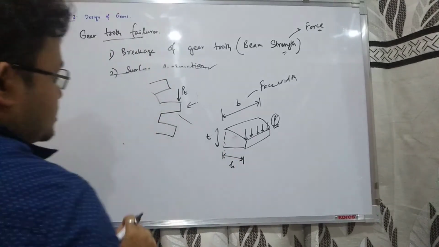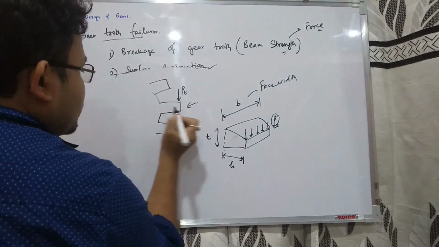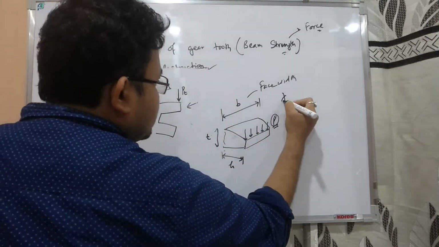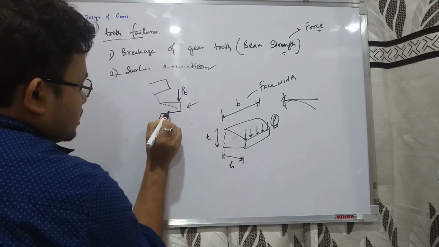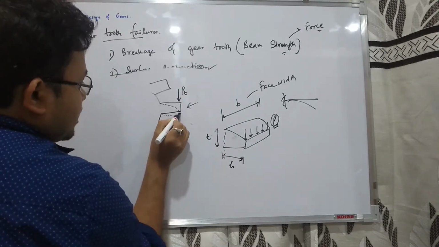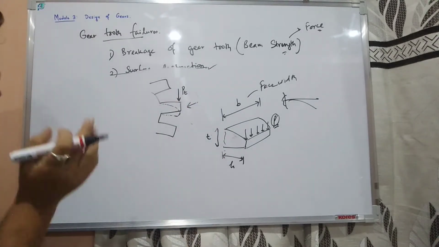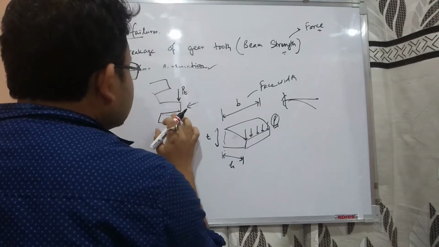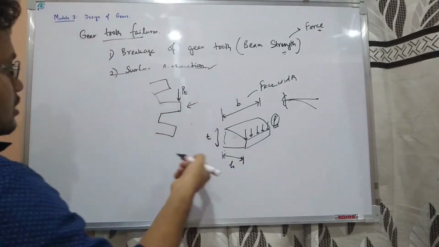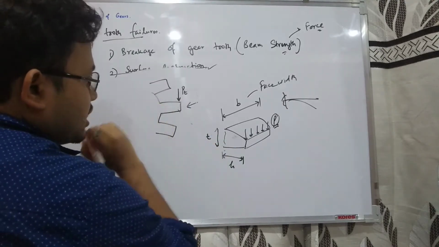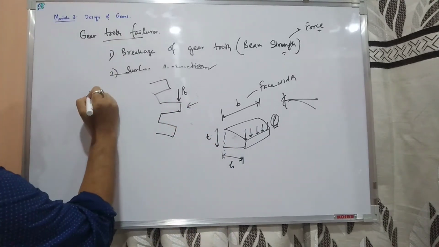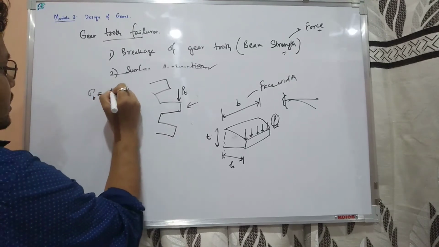Now the cantilever beam bends, right? So this also has a tendency to bend, and if it bends enough, then it will break. We have to prevent the bending, since it will fail due to bending. So that's why we consider the bending failure.